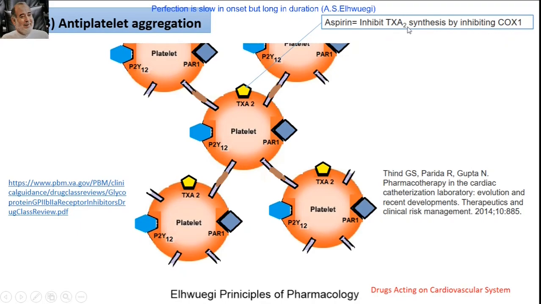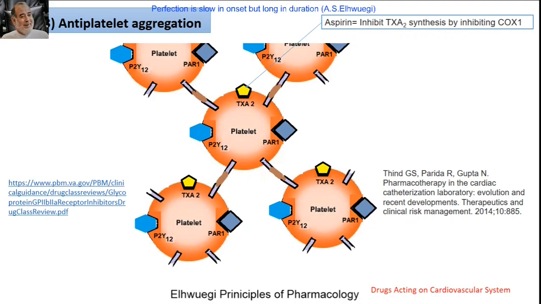Therefore, by inhibiting COX-1, thromboxane synthesis will not occur, and therefore there is no activation of the thromboxane A2 receptor. So this is the first group of antiplatelet aggregation drugs, aspirin-like drugs.